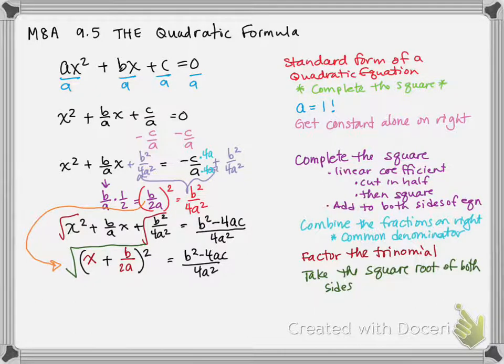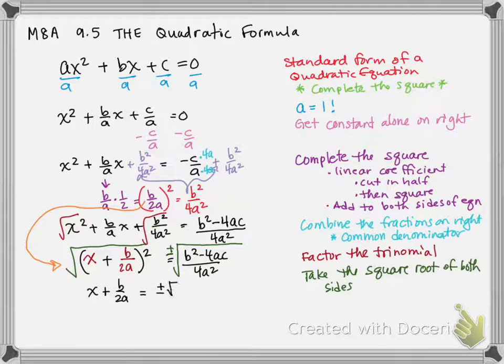Now remember, because I'm putting it over a variable, remember a, b, and c are not variables, they're numbers. I have to put plus or minus in front of that. Okay, so when I do that, I get x plus b over 2a, the quantity squared. When I take the square root, I just get the quantity. And then over on the other side, I'm going to get plus or minus.